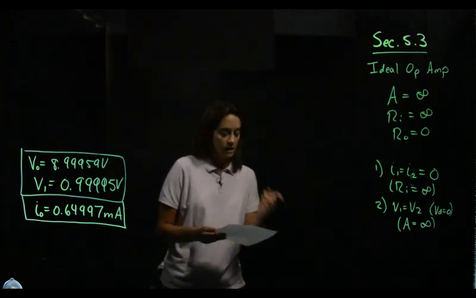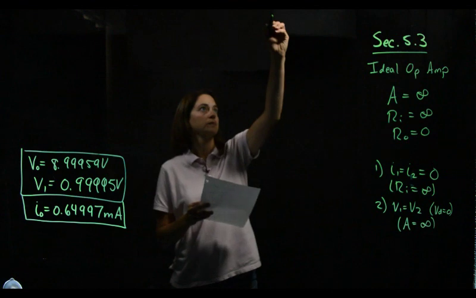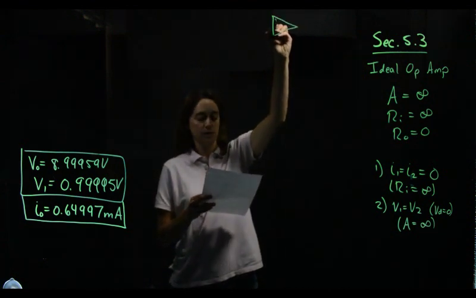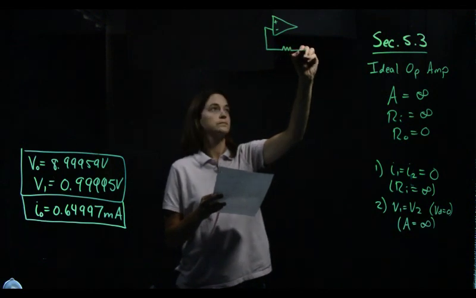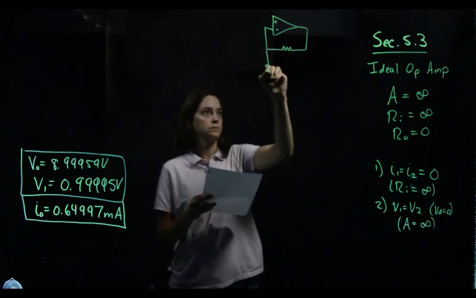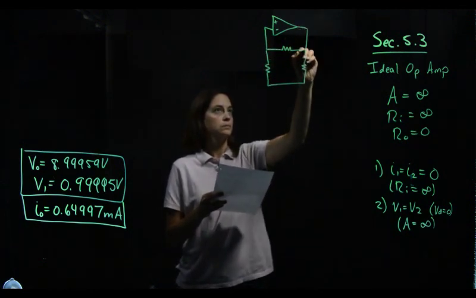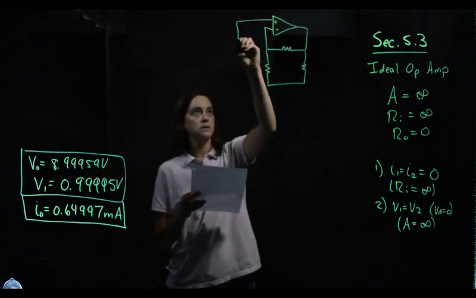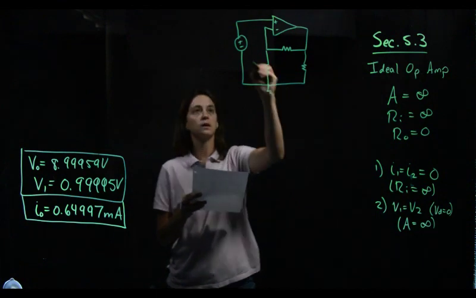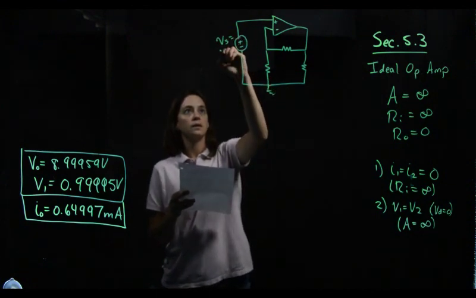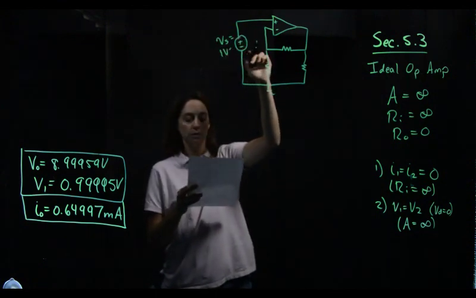So if we look at that exact same problem that we had, try to draw it quickly here for you. So again, if you haven't seen the previous video with that example problem, please take a look at it real quick. It gave us a Vs of 1 volt.